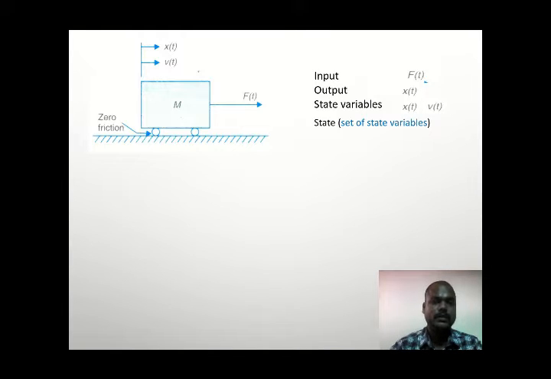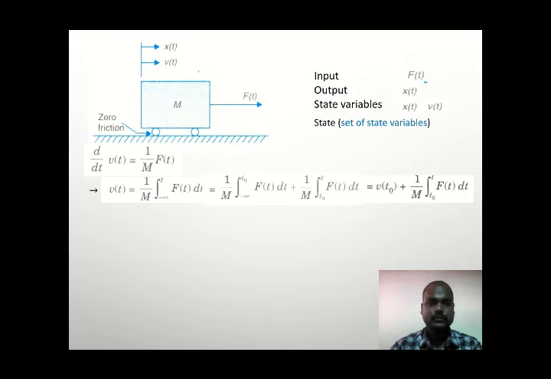First of all, we have taken a cart example in which force is being applied on a stationary cart, and we have to measure its output. From the state point of view, we have taken x, which is the displacement, and v, which is the velocity. For the input, we have taken force F, and the output is again the displacement x.